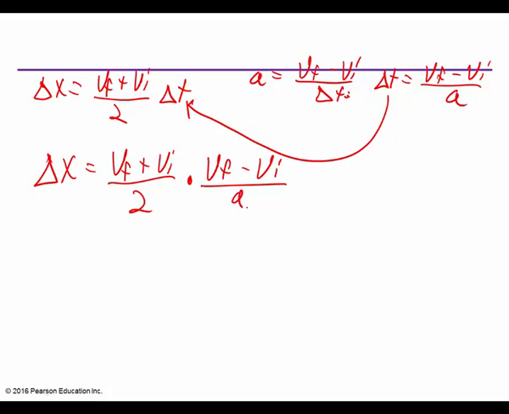Multiply them through. And what do we get? We get Vf squared minus Vi squared over 2a.